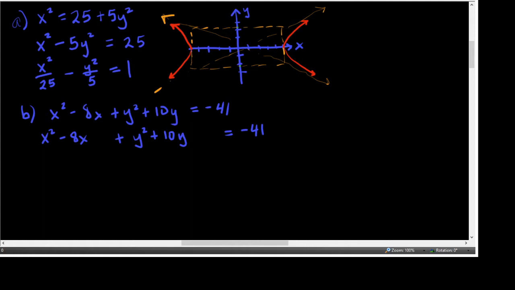All right, so the number that completes the square for the x's is negative 4 squared, which is 16. So add 16 to the other side as well. And the number that completes the square for y: half of 10 is 5, 5 squared is 25. So add 25 on both sides.